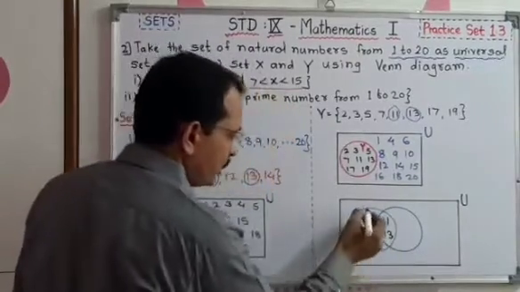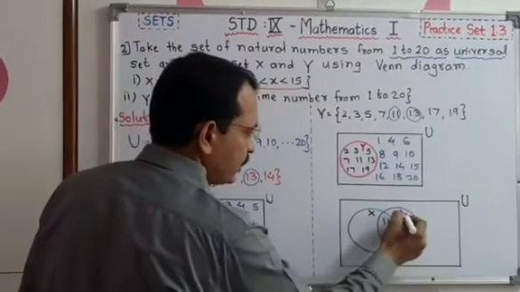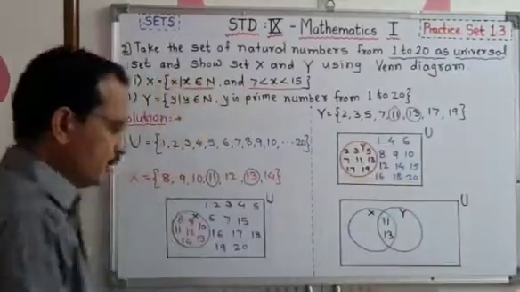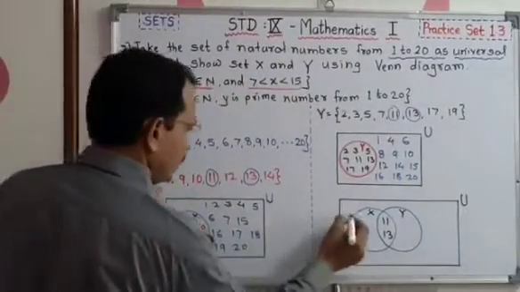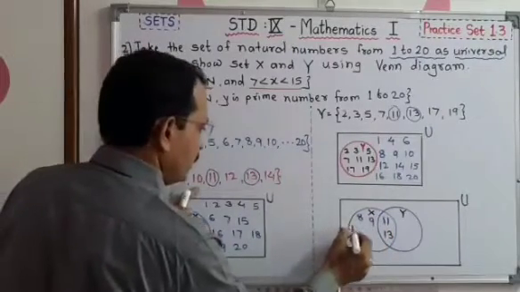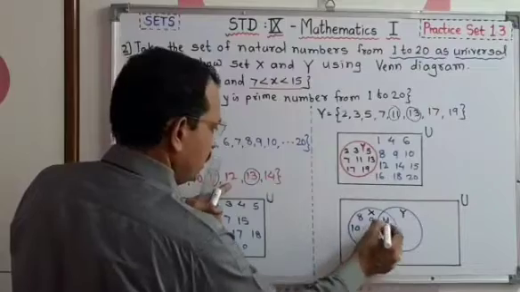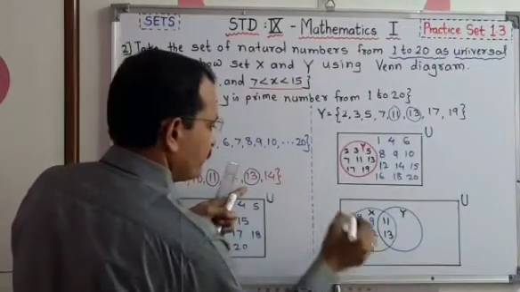Then we have to write the elements of set X in this part and the elements of set Y in this part. Therefore, the elements of set X here: 8, then 9, then 10, then 11 is there, then 12 and 14.